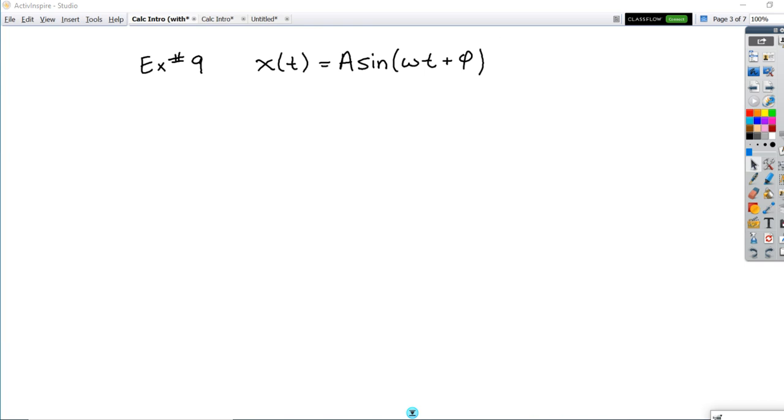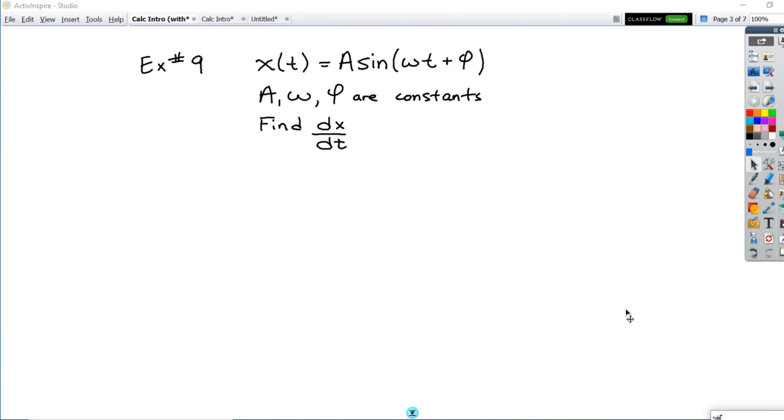But my question is, what is the derivative of this function? A, omega, and phi are all constants. They're like numbers. So with that in mind, what is dx by dt?